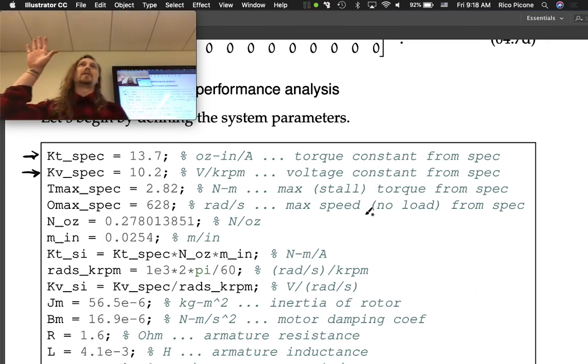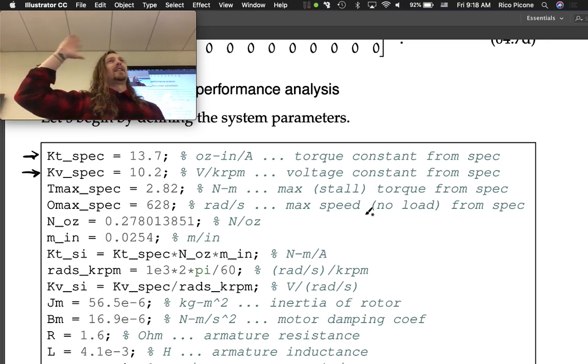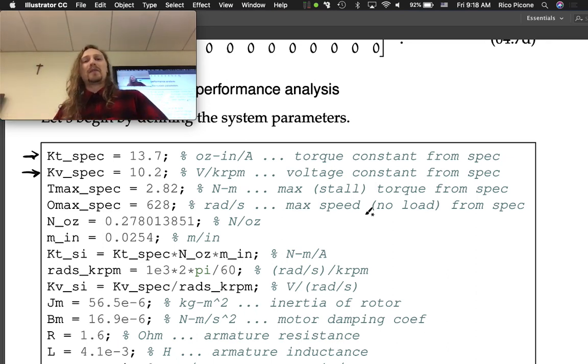You let the shaft go. You don't even necessarily have a flywheel on there. I mean, you could, but there's no external damping, and you just ramp that motor up as fast as it will go, with the maximum voltage that it'll allow you, and you get the max speed, which is 628 radians per second, from the spec sheet as well.